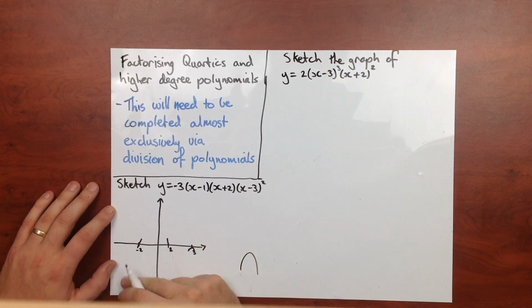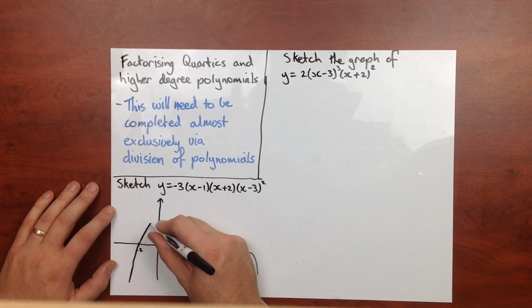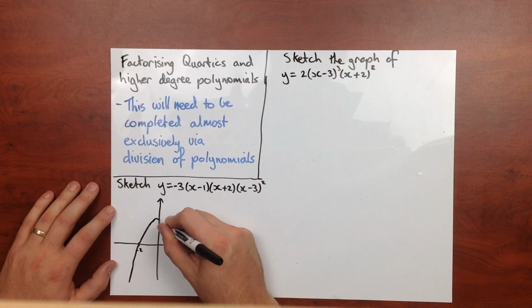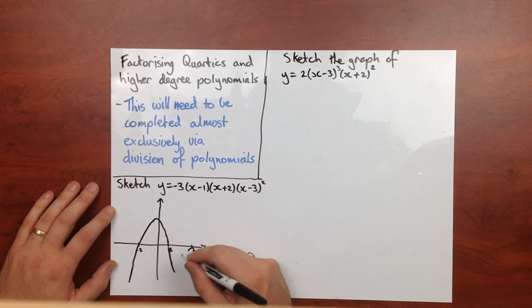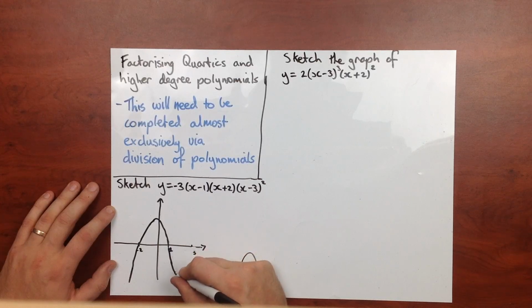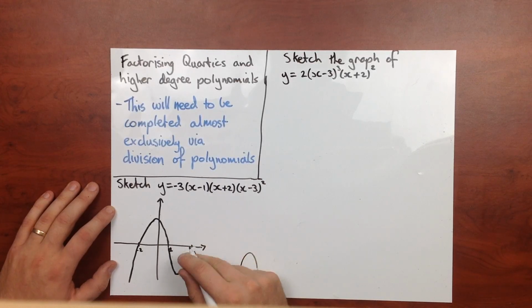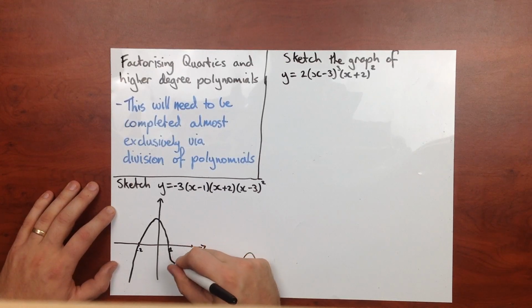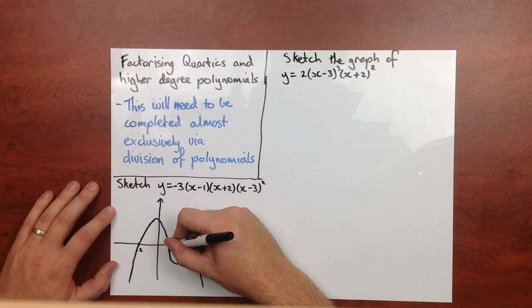So we can see that we can do something like this. Maybe this sort of a shape.